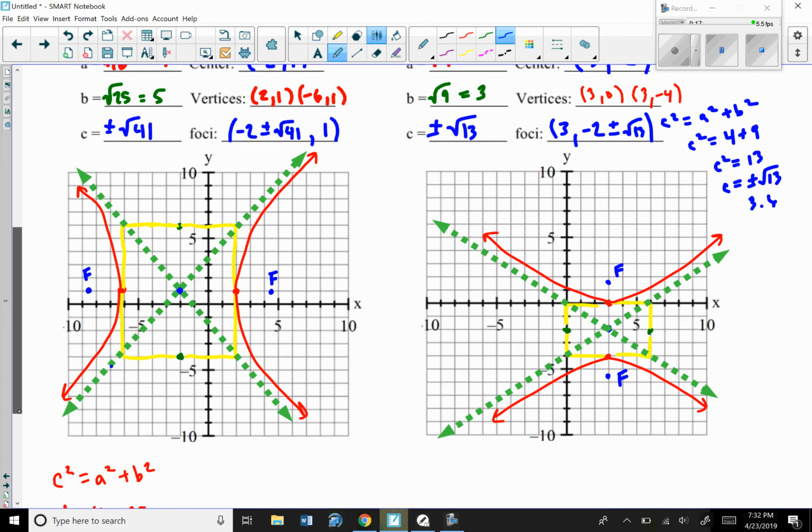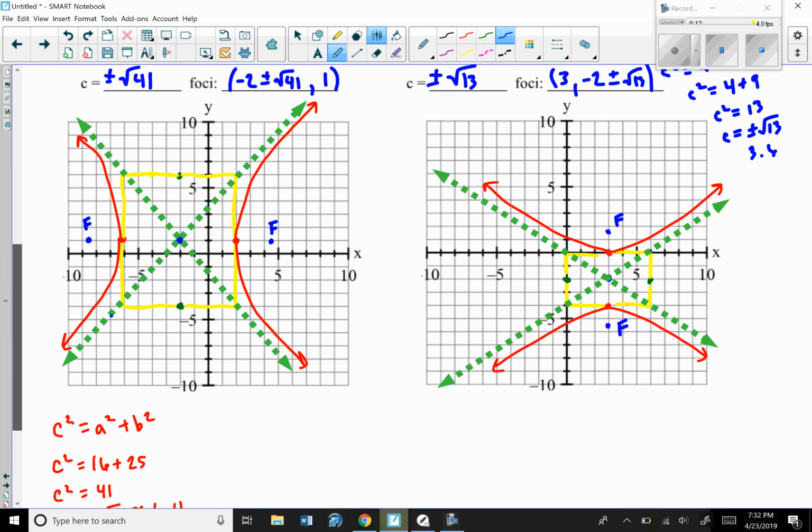And if we wanted to actually write the equation for our asymptotes, we could. So remember, we use the slope and the point, which is the center, in order to do that. So let's go ahead and practice that for the first graph that we did here. So again, rise over run. So we know we're going up and over to get here. So we went up 5 and over 4.